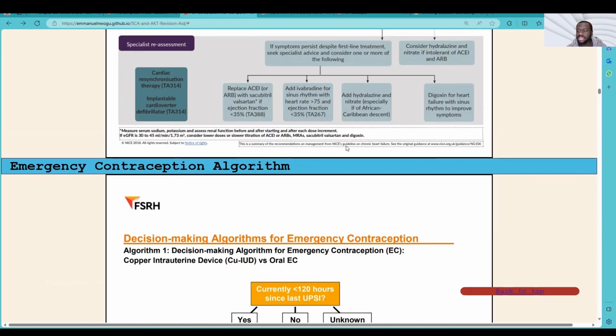Is sacubitril a BNP antagonist or agonist? Let me just double check. So sacubitril inhibits the enzyme neprilysin, which is responsible for degradation of natriuretic peptides. So it's not an antagonist.